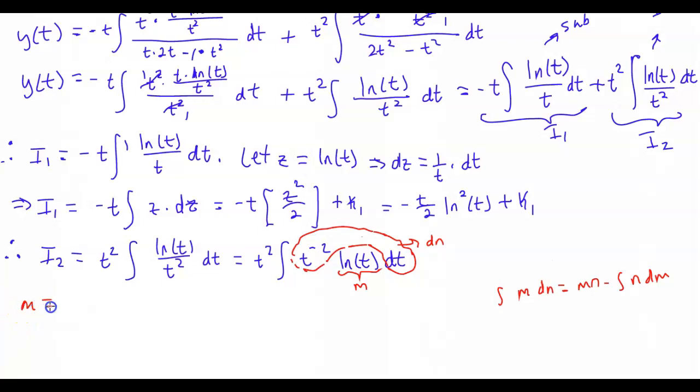So if m is equal to natural log of t, then this implies that dm, or a derivative of m, is going to be 1 over t times dt. And if dn is going to be t raised to -2 times dt, then I just need to take the antiderivative of that to find out what n is, and that's going to be a -t to the -1.